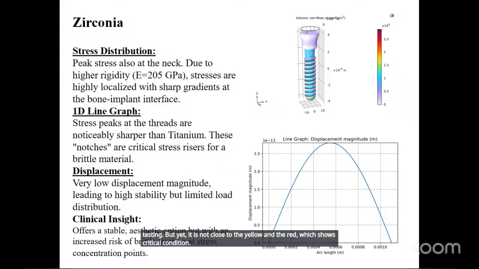The one-dimensional graph also shows that the stress peaks at the threads are noticeably sharper than for titanium. This is not a critical stress riser, but it shows zirconium is a brittle material, meaning if it is exposed to a little bending, it can crack or shatter. But for the 800 Newton force, it does not really show that. So it is still good.